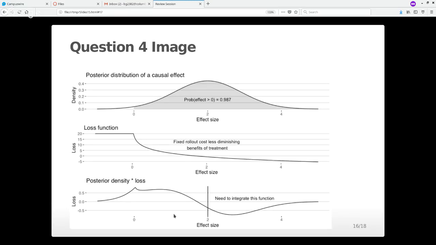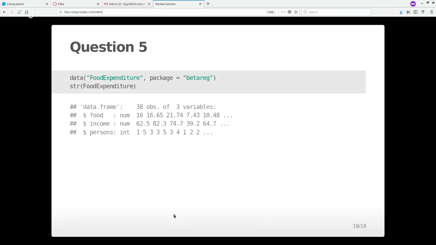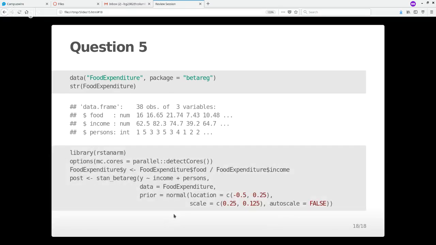Okay. For those of you who can stay, there's one more problem about beta regression. We talked about rstanarm, and it can do a bunch of different things. I don't think we talked about this model in particular, but what if you have an outcome variable that's a proportion restricted to be between 0 and 1?